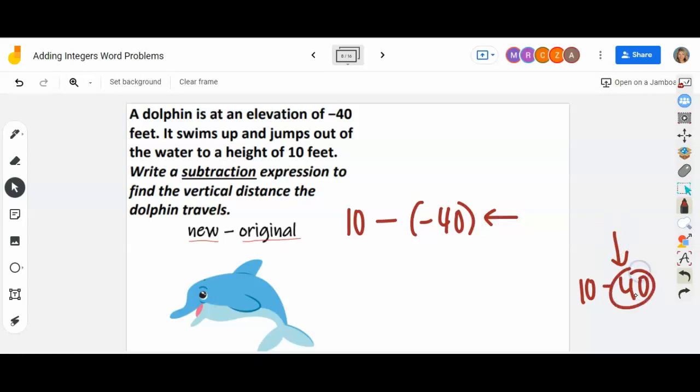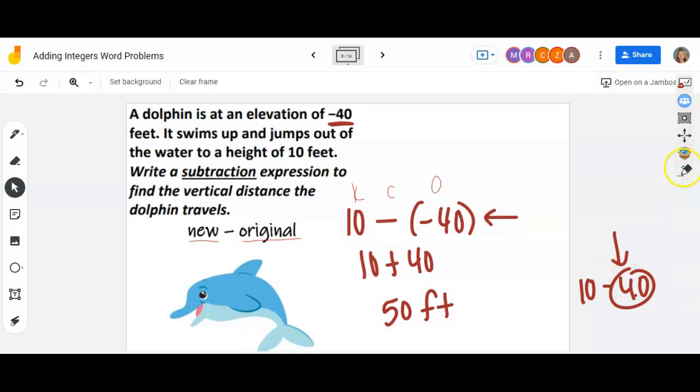Here, the 40 is positive. But this says that it's at an elevation of negative 40, so this is the correct equation or expression. So we're going to do keep, change, opposite to get 10 plus positive 40, which is 50 feet. The dolphin travels 50 feet to get to the new elevation.